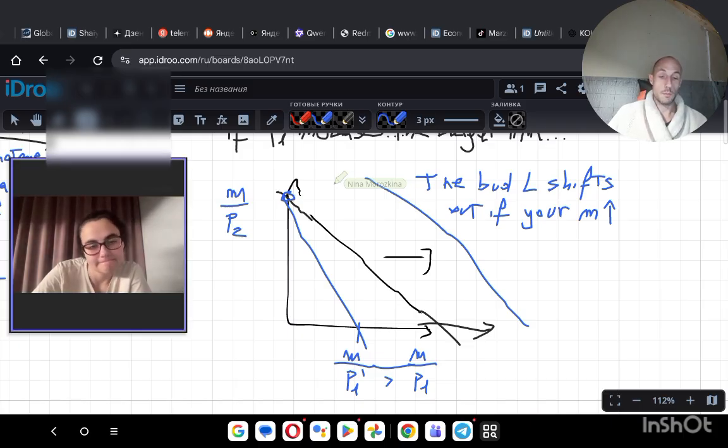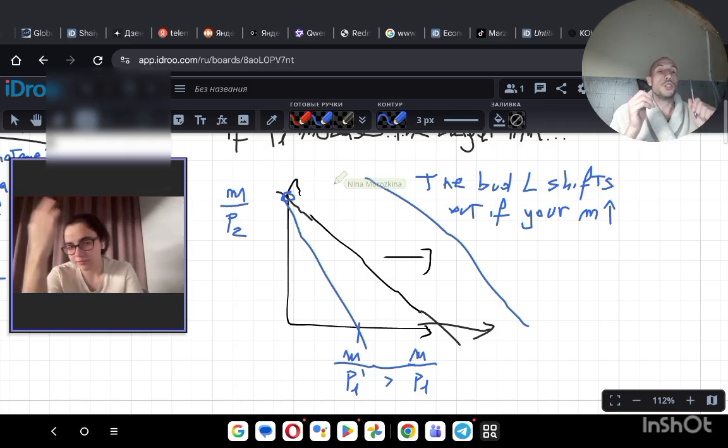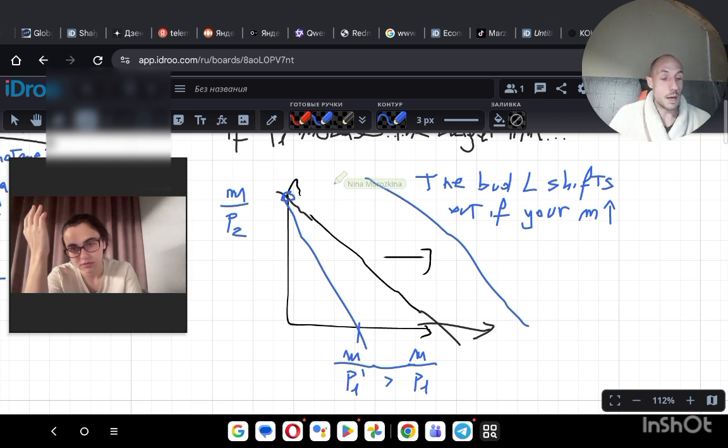Okay. Got it? But I don't understand because the budget line is like how much money we have. So why does the budget line change when the price changes? No, the budget line is not the money we have. M is the money we have.